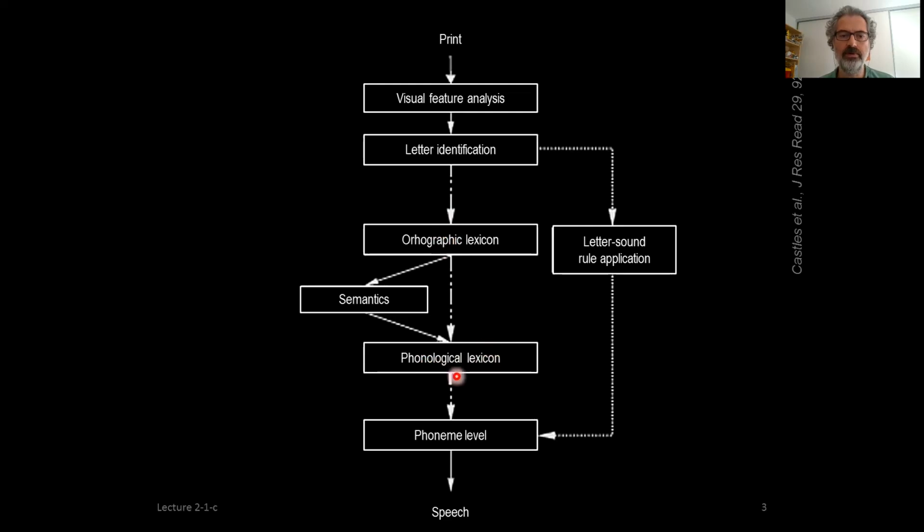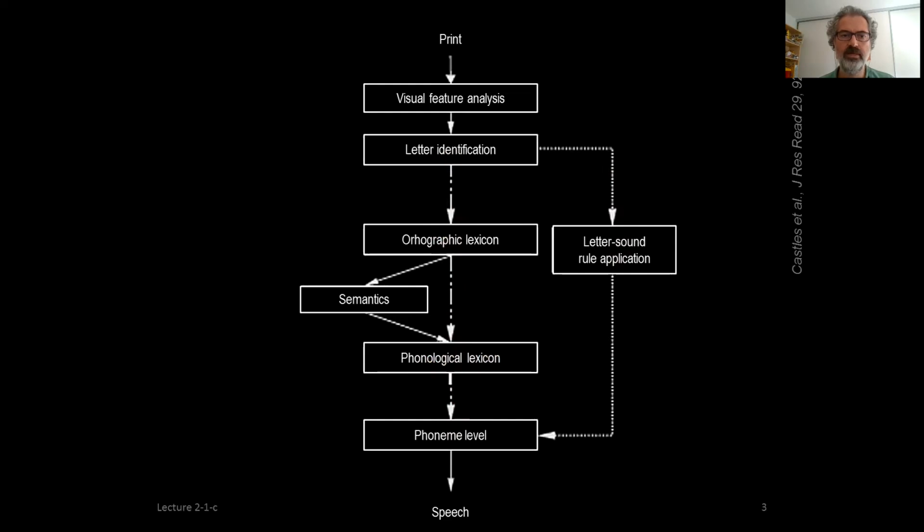So irregular words, which are so many in English, can only be read correctly via this route, which therefore must produce the appropriate response before this one is done converting. And this is how it's supposed to work in English.